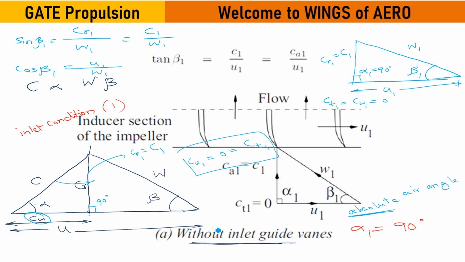Now here you have to see whether the question has asked without inlet guide vane or with. This is a condition. Remember, the prime condition is that without inlet vane means alpha 1 is going to be 90 degree. You know the basic configuration, so from here you can make your own schematic.